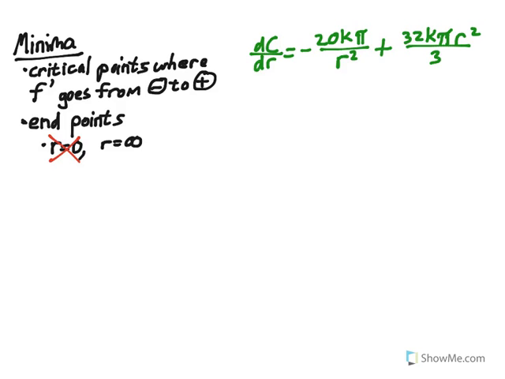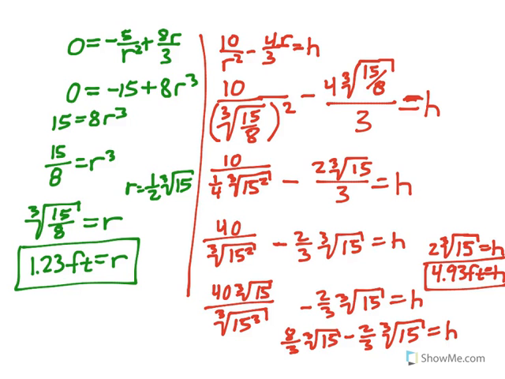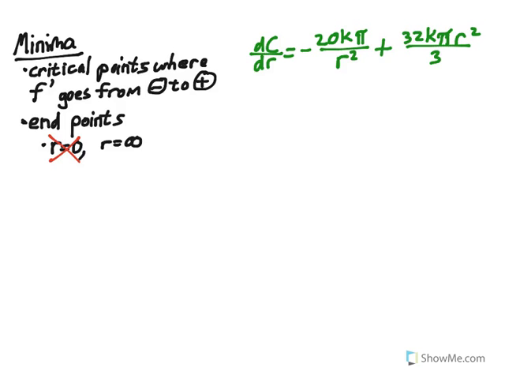Sorry, you shouldn't plug r equals infinity into the derivative, you should plug it back into the main function. So let's check on either side of our critical point of 1.23 feet. Let's try r equals 1 and r equals 2. Those straddle 1.23 feet, and there's no other critical point, so we don't need to worry about going past another critical point.